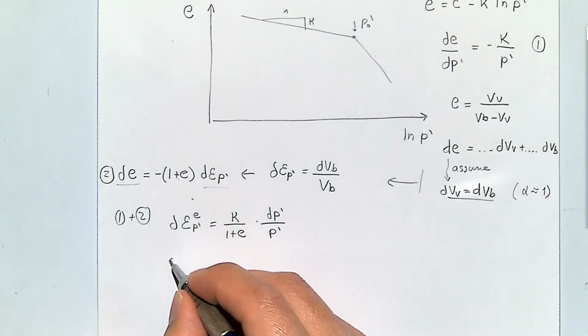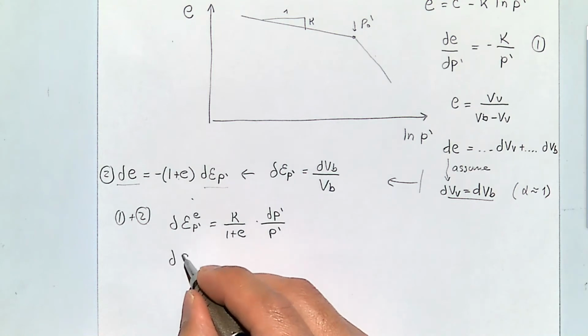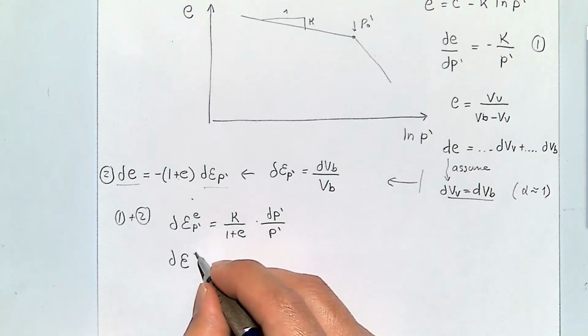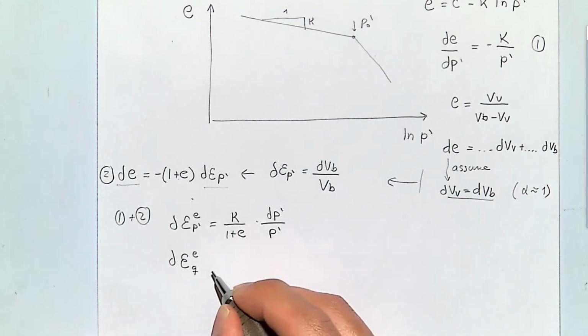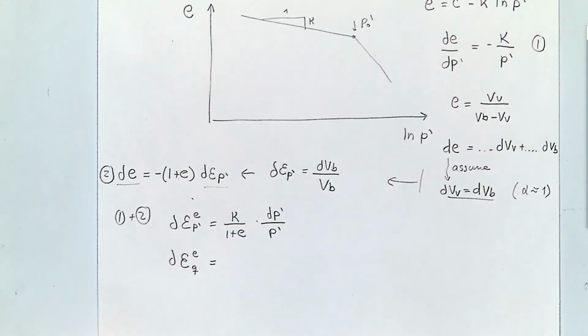And then for the deviatoric part and the elastic part, we're just going to use what we were using before, that the deviatoric strain or a shear strain is proportional to the shear modulus.